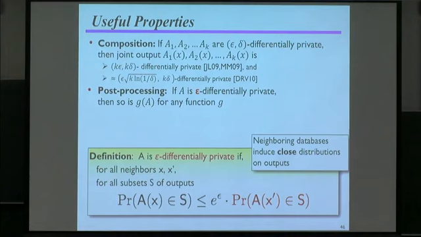Any reasonable measure of information leakage should not be increased by transforming the output. But lots of attempts to pin down measures of leakage for this type of privacy and statistical databases don't satisfy this.